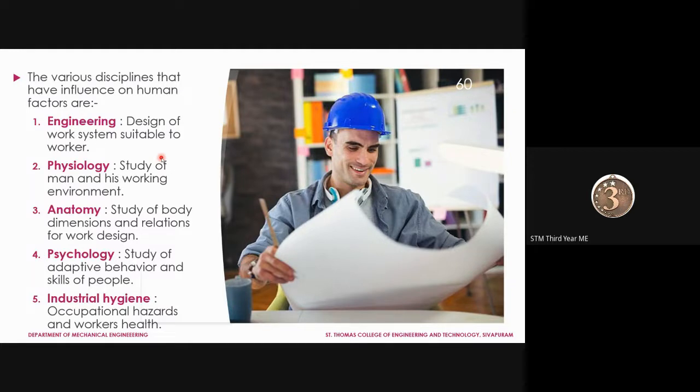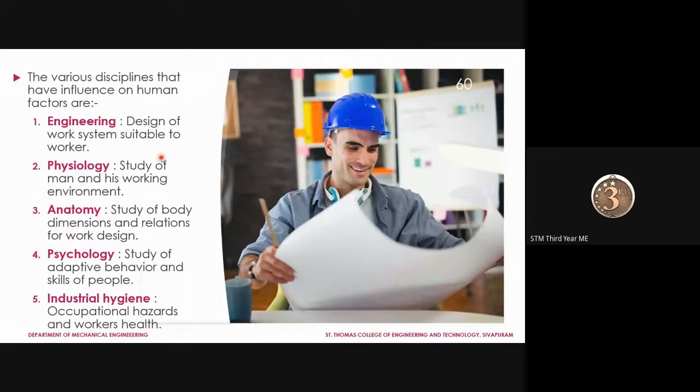Okay, so for that purpose, under engineering, you must always design the work system. So you'll be planning, right? And when you are planning, the operations that have to be carried out by the individual should be related to the work he has already done or the work he is skilled in. So that is how the work system is designed. That is the first human factor that affects the work.